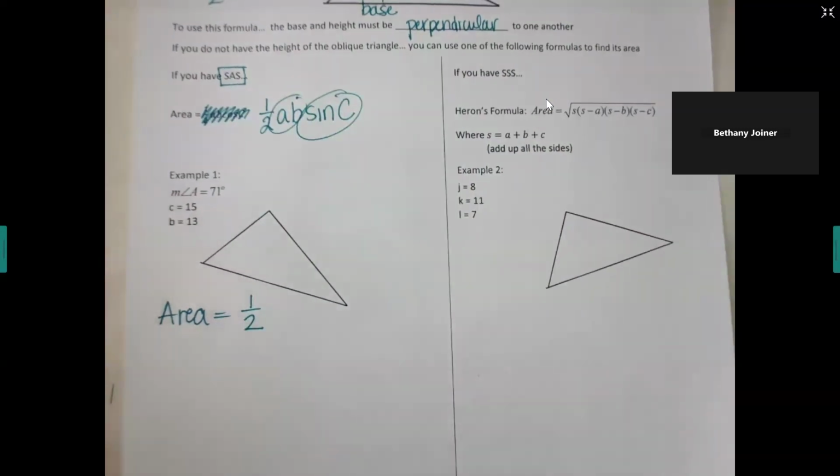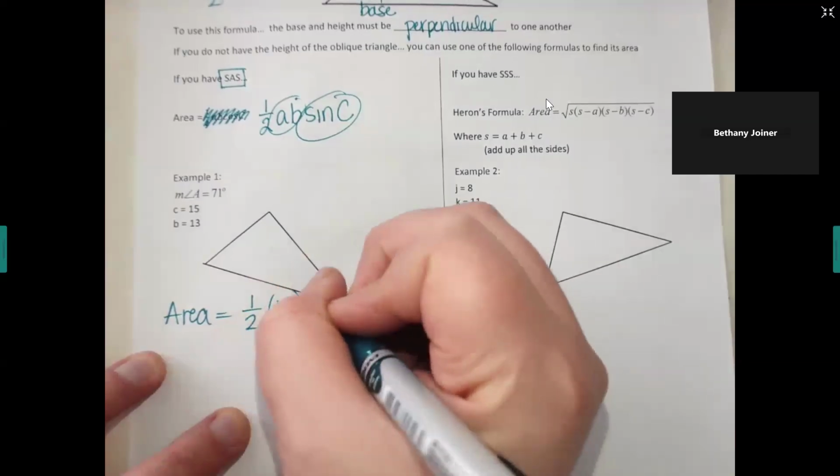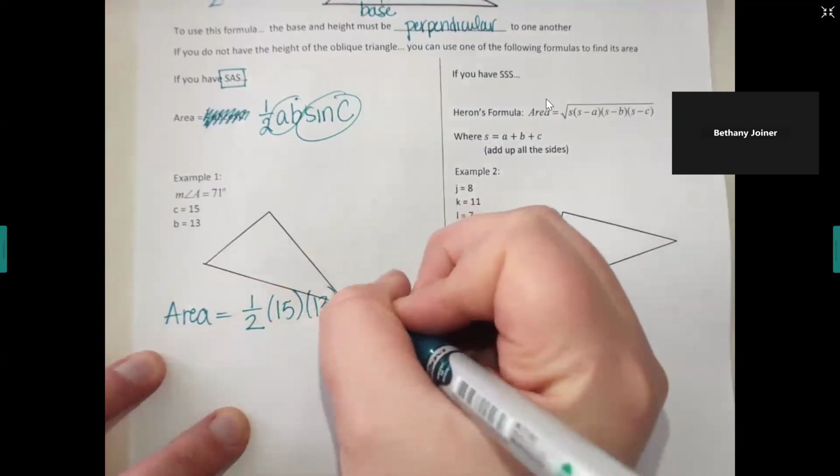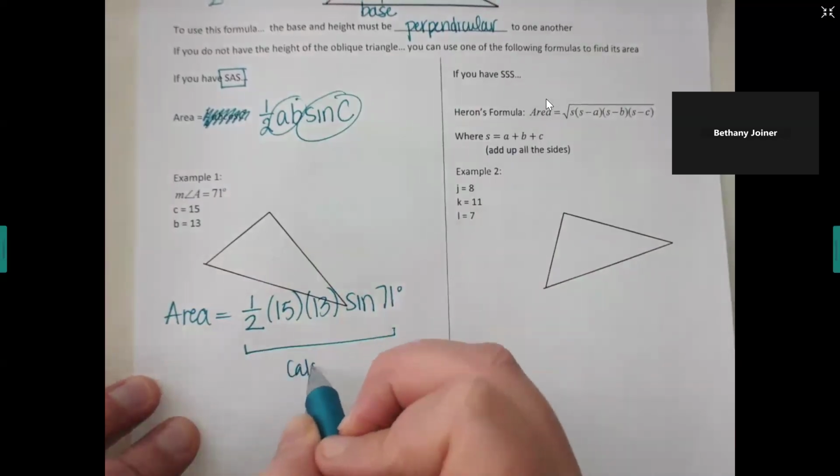Now, keep in mind that for my example, I have angle A and I have sides B and C. Even though that's not the same combination here, it doesn't matter. These should be your sides, that should be your angle. So in this case, it would be 1/2 15 times 13 times the sine of 71.